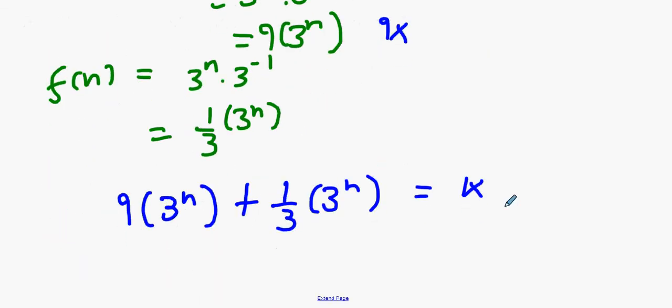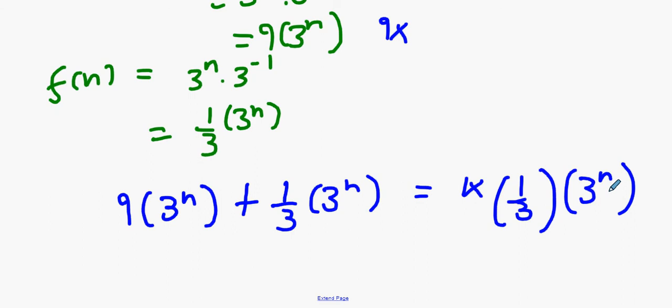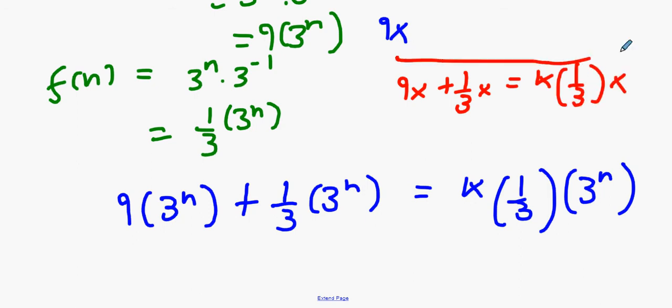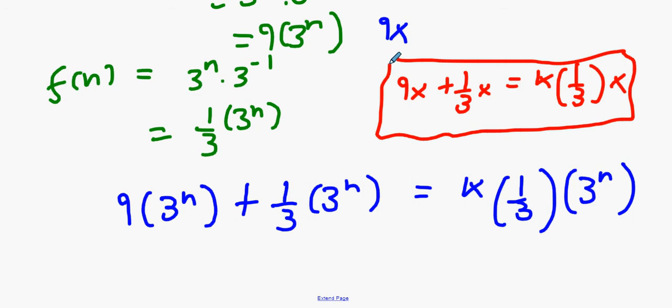It's k times 1/3 3 to the power of n. Is that okay with you guys? Now, very simply, it's the same question as 9x plus 1/3 x equals k times 1/3 x. This question in red is essentially the same question that we're doing in blue. They're the same thing.